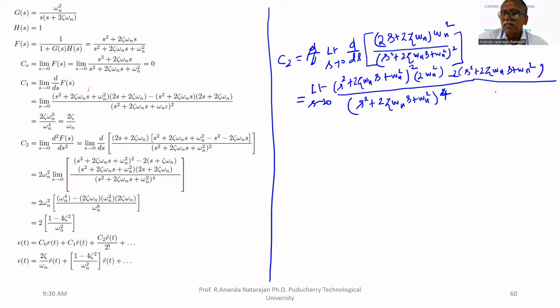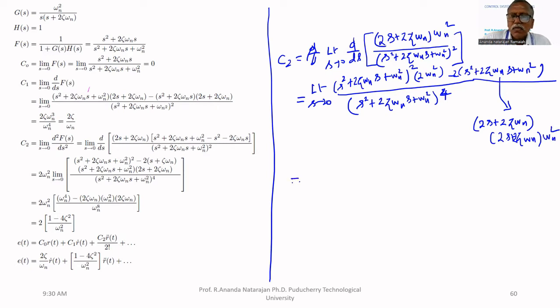If you differentiate this, what you will get? 2s plus 2 zeta omega n. Numerator as such we have to write. That is 2s plus 2 zeta omega n, whole square.